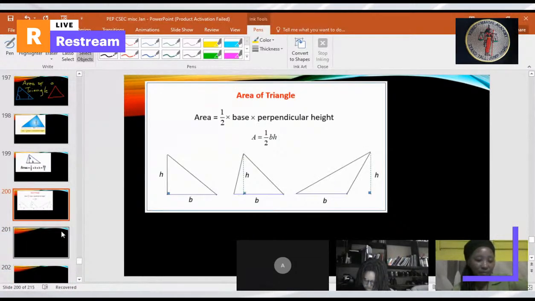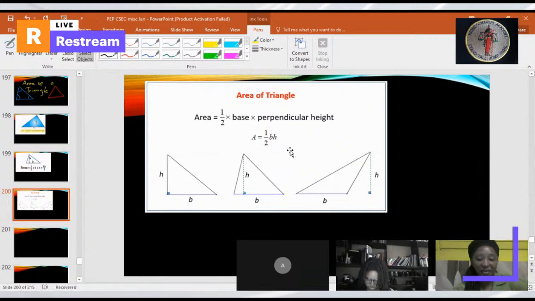So this can present itself in a number of ways, and I want to show you. If we're given a right angle triangle, like in this case, it's clear here that the height is the vertical side and the base is the horizontal side, right? That is pretty clear. But suppose it's not a right angle triangle.